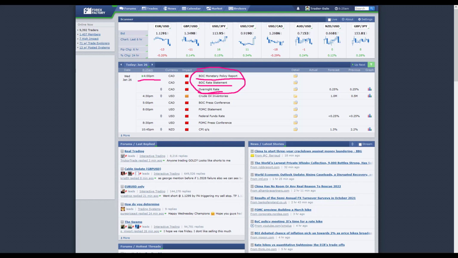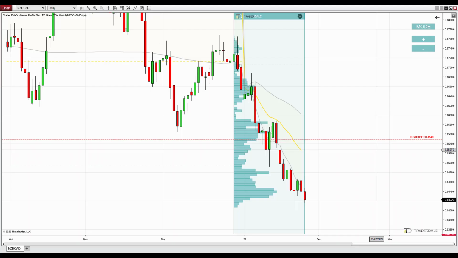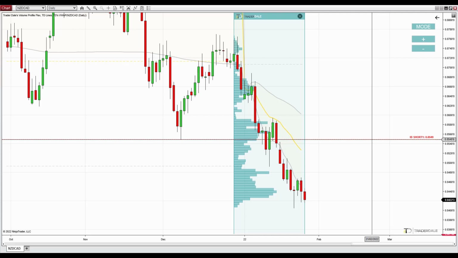It would be pretty risky, because those are the strongest news on the Canadian dollar. Alright, so be careful around the news, but apart from that, this level is very strong to trade from.